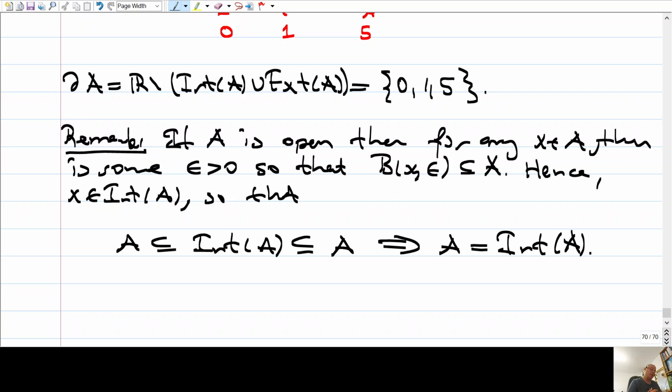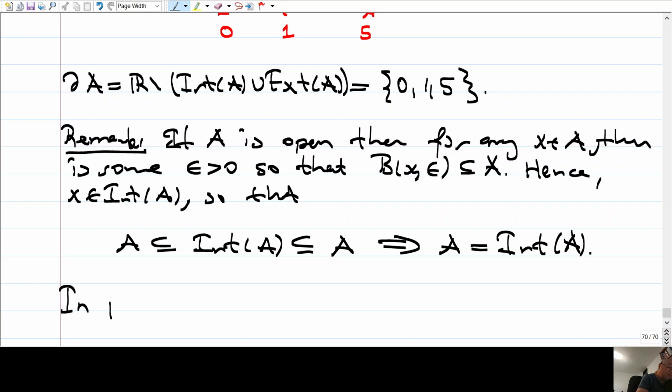So if A is an open set, then it's equal to its interior. All right. Therefore, this gives actually a characterization for open sets. A set is open if and only if it's equal to its interior. Right.